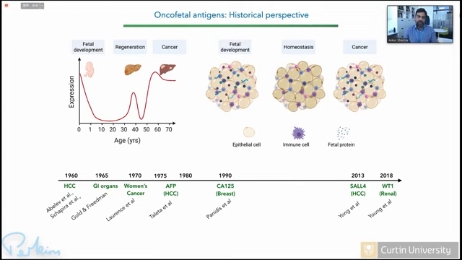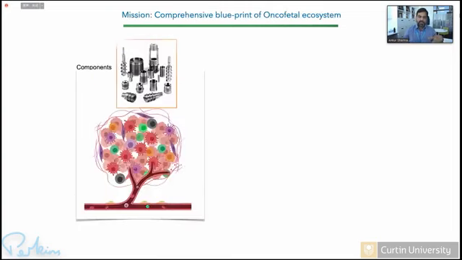But all these studies were looking at the tumor cells. And with the advancement of single cell genomics, we now have much better tools to understand various components of the tumor, including its microenvironment, immune cells, and stromal cells. So our study tries to look into the fetal-like properties of the non-tumor cells or the microenvironment, how stromal cells become more fetal-like, or how immune cells become more fetal-like.